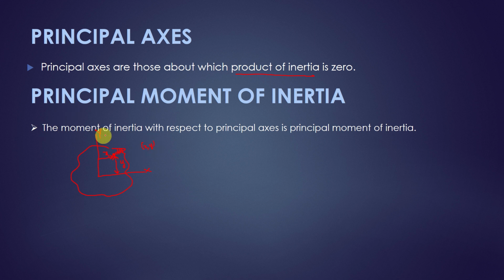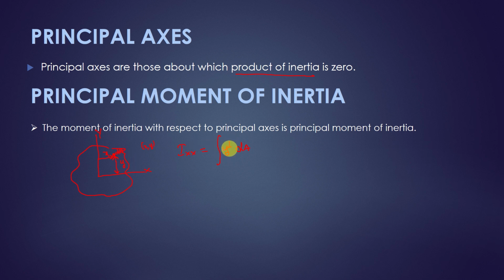So if you calculate moment of inertia about x axis, by definition moment of inertia is the area of the element, that is dA, multiplied by the square of distance up to the axis we are considering. So we are considering x-axis, so it is the square of distance, y square.